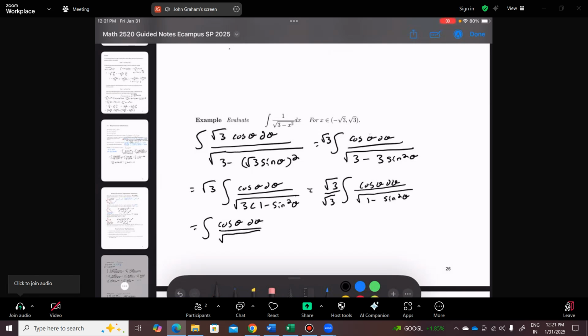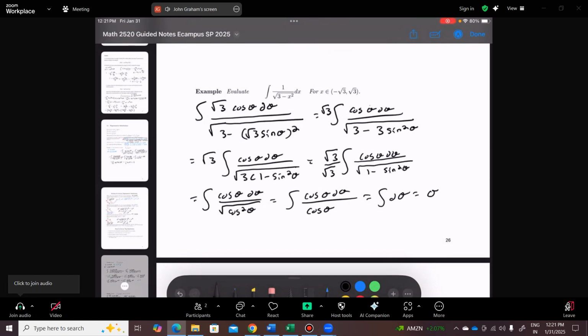And then the 1 minus sine squared theta is cosine squared theta. So this starts to become a lot easier. So that'd be just cosine theta. And so you end up with d theta, one of the easiest integrals we have. You get theta. We didn't have limits.